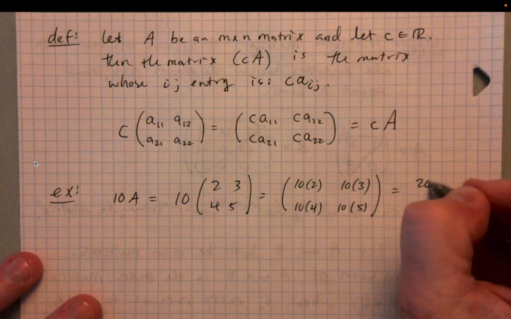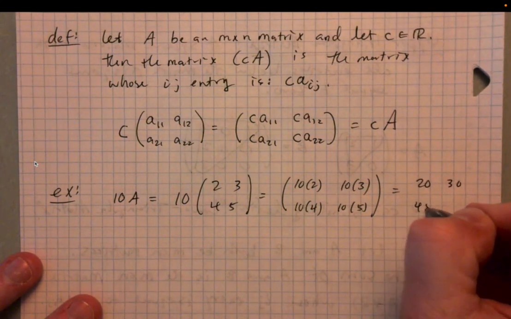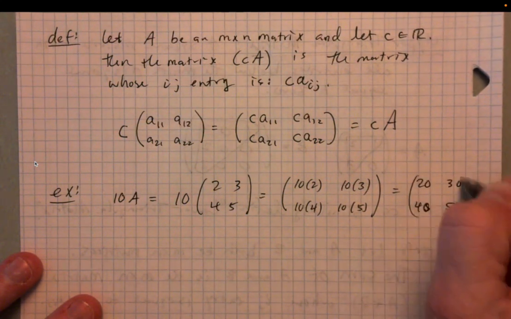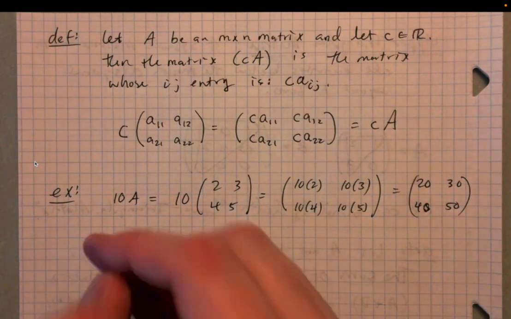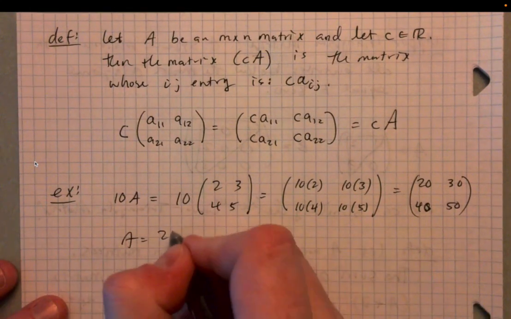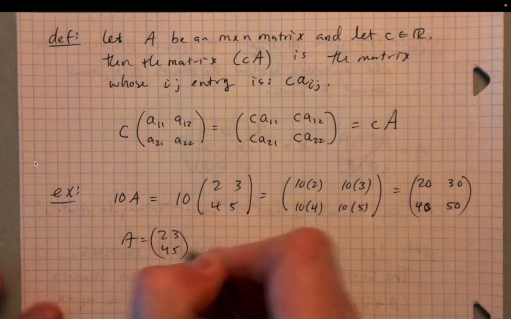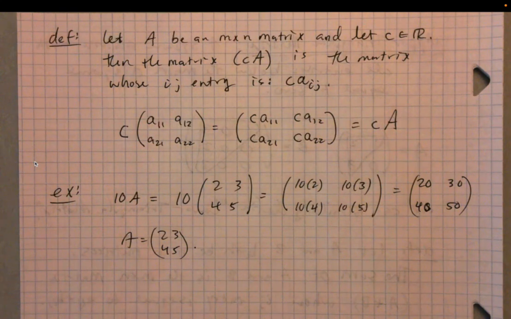So obviously that's 20, 30, 40, and 50. And of course this is where A is equal to 2, 3, 4, 5. As you can see, this definition perfectly mirrors vector scalar multiplication.